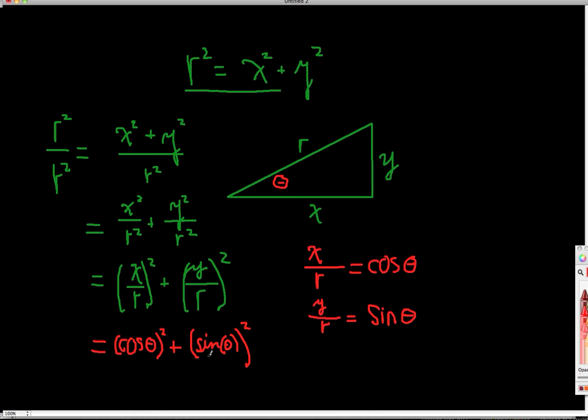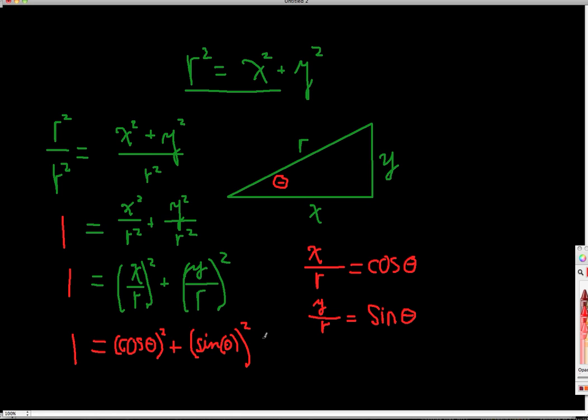And over here, when I do r squared divided by r squared, that's equal to 1. So I have that 1 equals cosine squared plus sine squared.